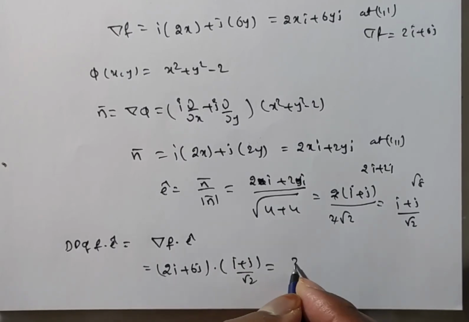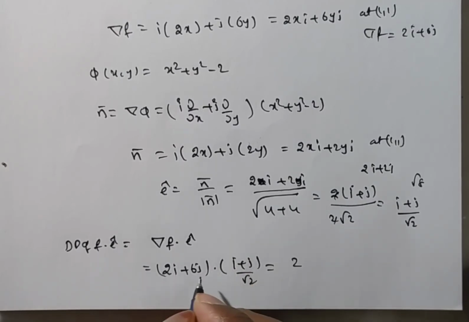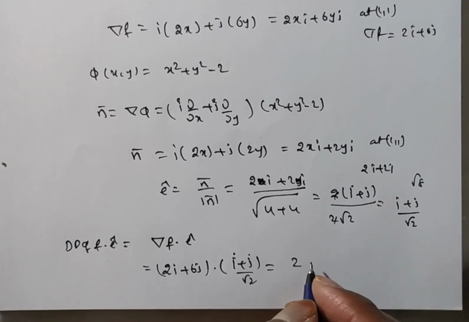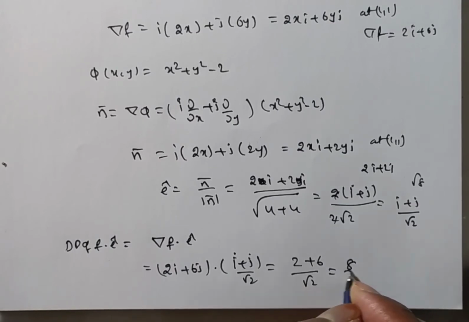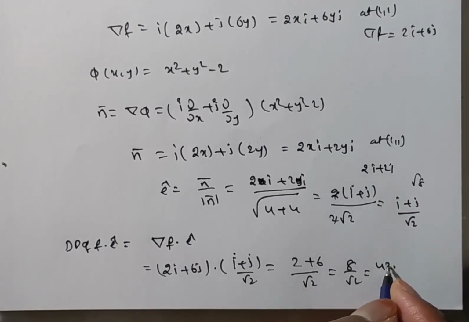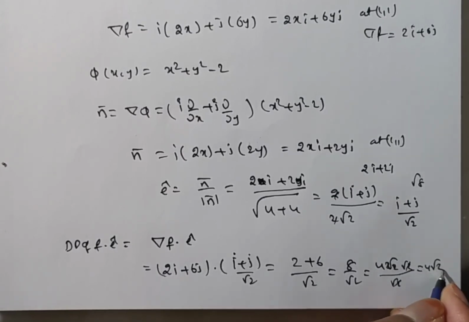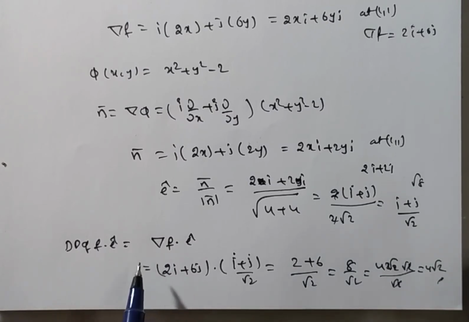So i dot i is 1, i dot j is 0, j dot i is 0, j dot j is 1. You know the dot product of vectors, yes? So 2 into 1 is 2, plus 6 into 1 means 6, divided by root 2. So this is 8 by root 2. 8 you can write as 4 into root 2 into root 2, divided by root 2. The 2 gets cancelled, then you will have 4 root 2 as the answer. This is the directional derivative of f in the direction of the unit normal vector.